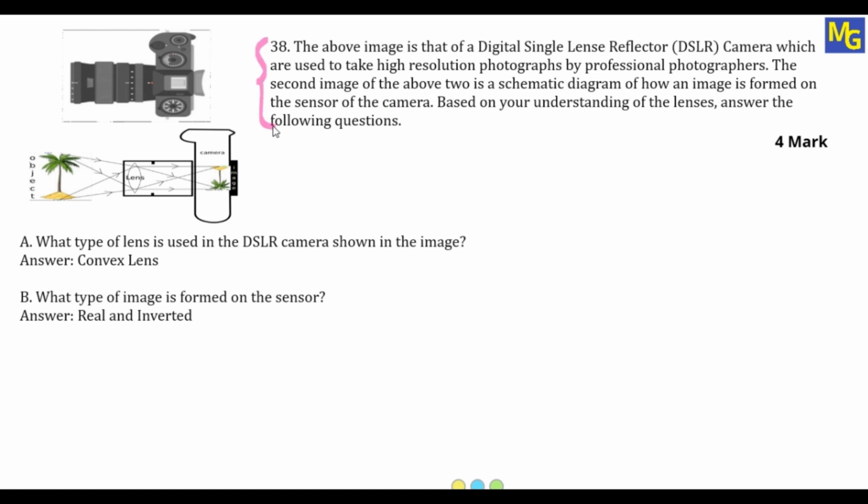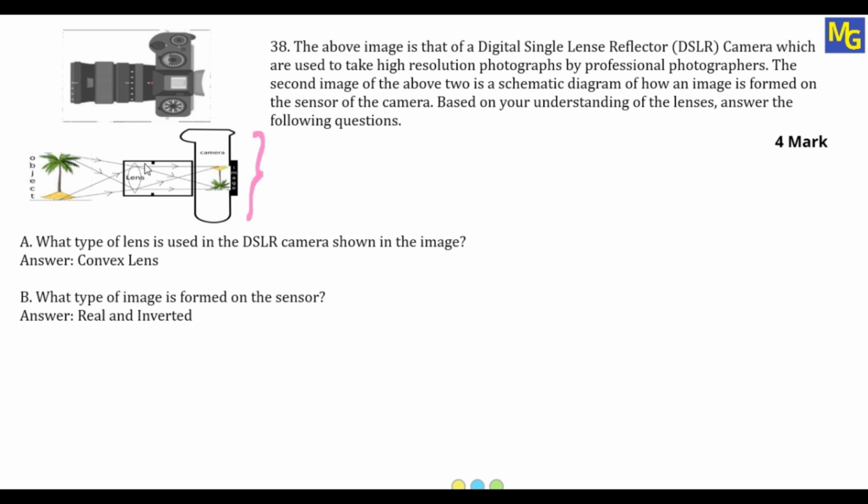So this is the main explanation which is given. This is called a DSLR camera, and once the photo is captured in this camera, the main working of the camera is given in the second diagram.